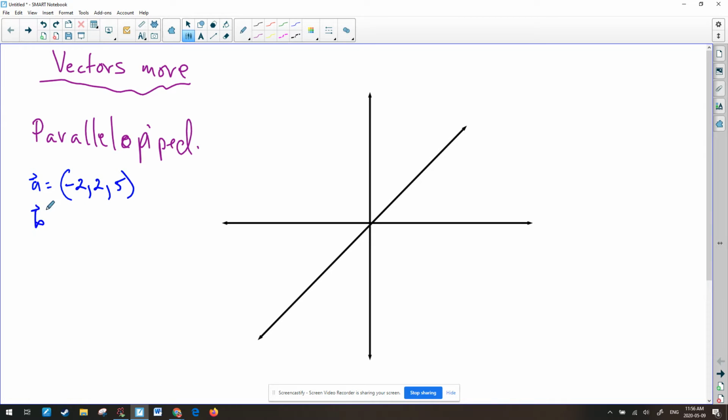And then vector B is going to be 0, 5, 3. And vector C is going to be, how about 0, -3, 4. Okay, so there are 3 vectors.